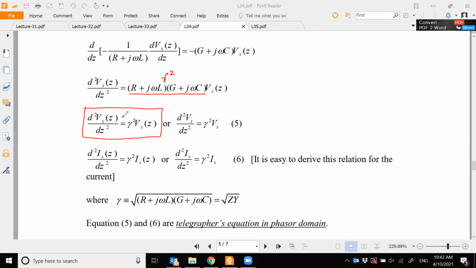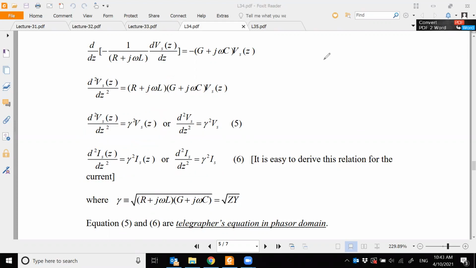Or let us drop z, so d square Vs over dz square is gamma square Vs. In a similar way, if you substitute equation 4 in equation 3, you will get for the current d square Is over dz square is gamma square Is, where gamma is the root of R plus j omega L times G plus j omega C, or root of ZY.